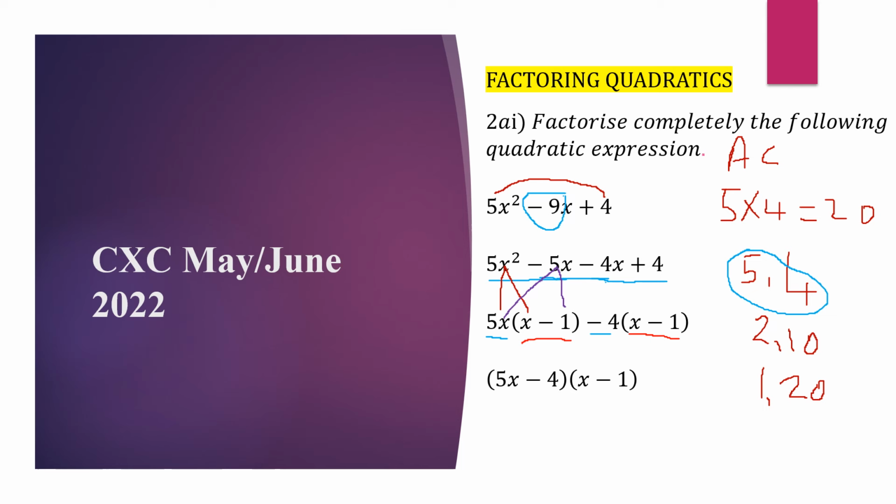We now divide by dividing x into minus 4x to get an answer of minus 4, and minus 1 into positive 4 to get an answer of negative 4. So that we will have two sets of expressions, two factors: 5x minus 4, this is one factor, and the other factor would be x minus 1.